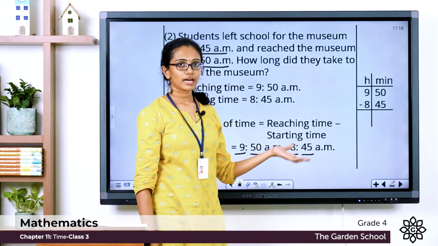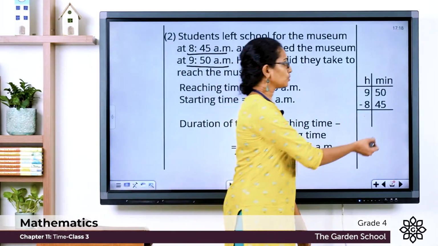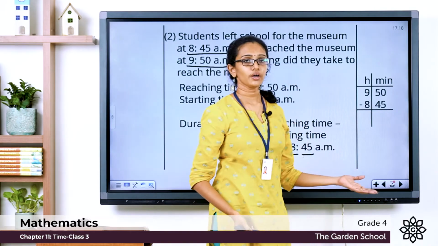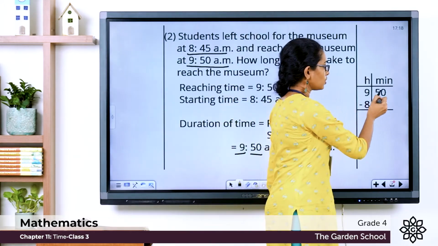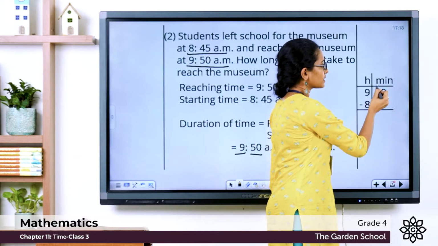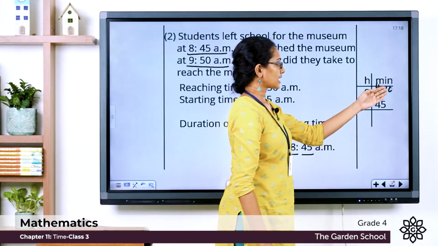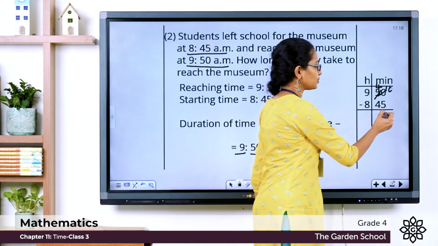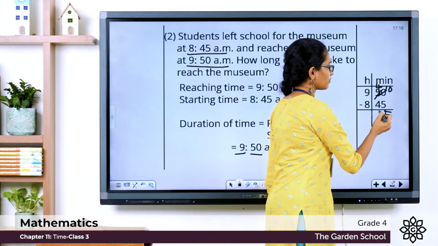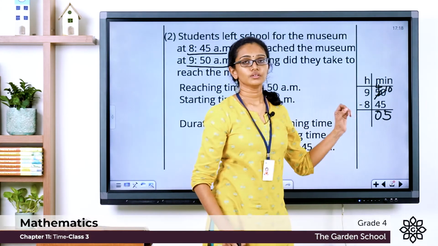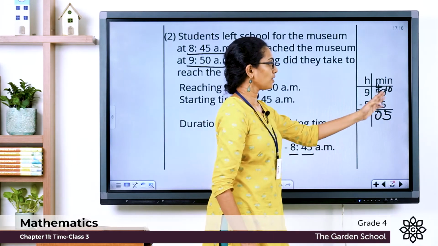Now let's start subtracting the minutes column first. Here it is 0 minus 5, which we cannot do, so just borrow from the next place. Here it becomes 4 and here it becomes 10. Now 10 minus 5 is equal to 5, and 4 minus 4 is equal to 0. So that means it is 5 minutes.